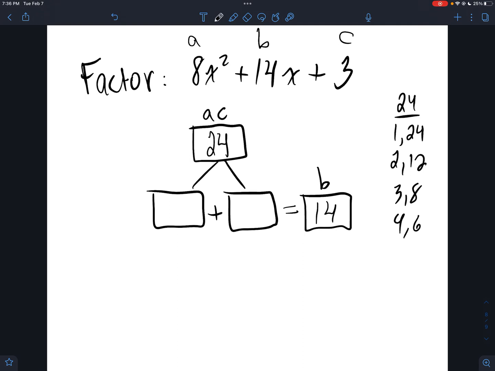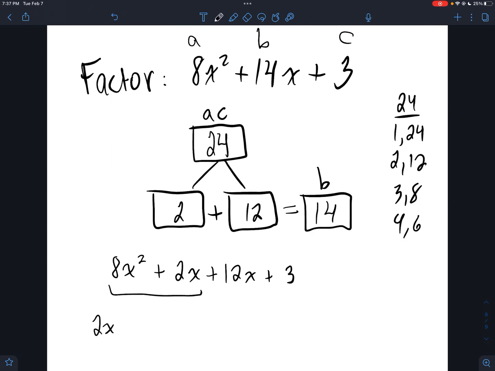We can look at the factor pairs, which are only these, and just ask simply which one of these add to 14. And that's 2 and 12. So what we would do is break apart the middle term into 12 and 2, 2x and 12x.